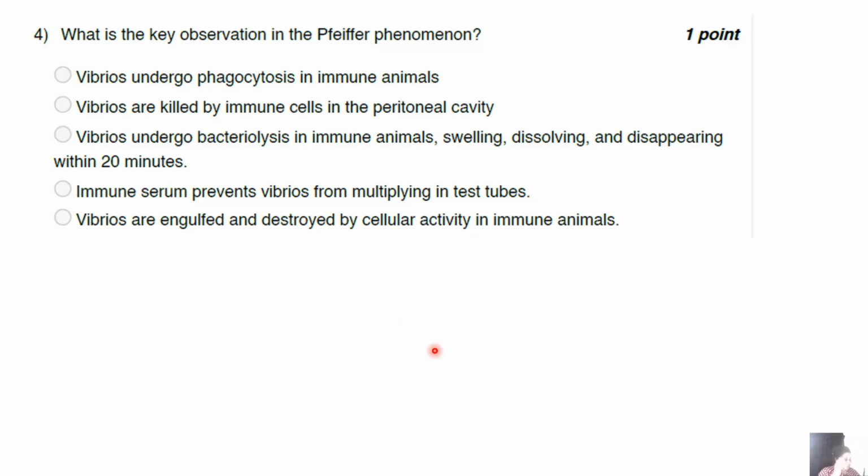Okay, so we'll talk about the Pfeiffer phenomenon. The Pfeiffer phenomenon is a classical immunology observation demonstrating antibody-mediated, complement-dependent bacterial lysis in vivo. It was described by the scientist Richard Pfeiffer while studying Vibrio cholerae.